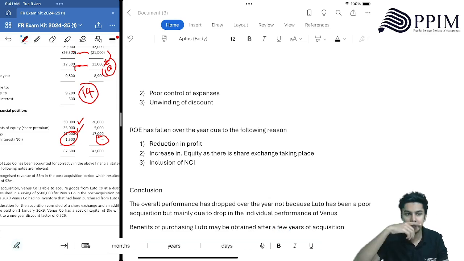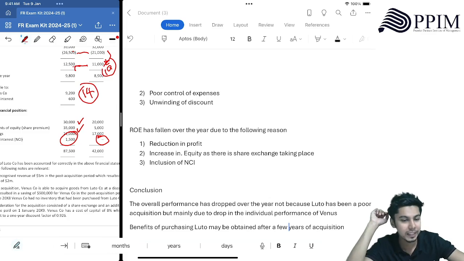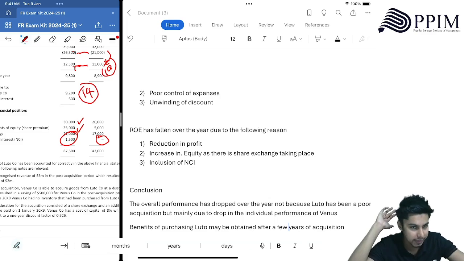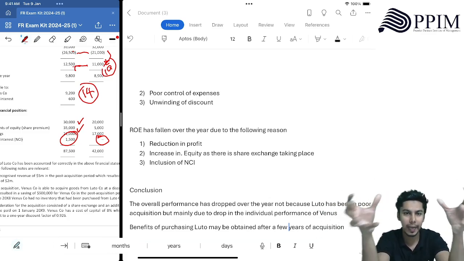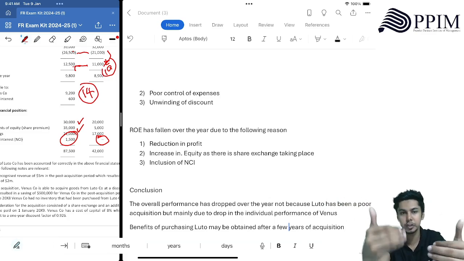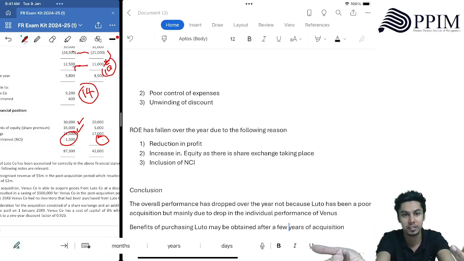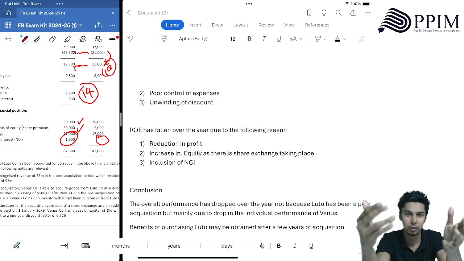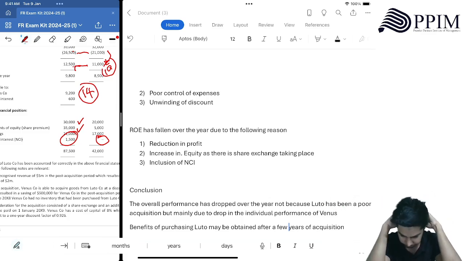Because you need to understand, we have bought Luto and it has been only 6 months so far. Sometimes when you buy companies, the synergies and benefits that you get from these companies may take a little bit of time to realize. Just because you acquire a company, sometimes the benefits don't come in immediately. It may take some time for you to get the benefits. So since it has been only 6 months, you may need a little more time to get these synergies. In the long run, you might get these benefits.